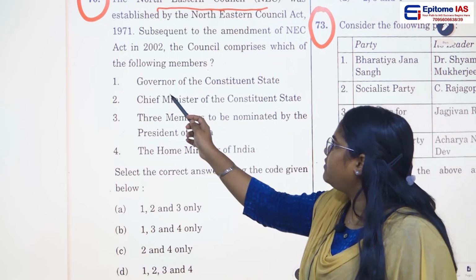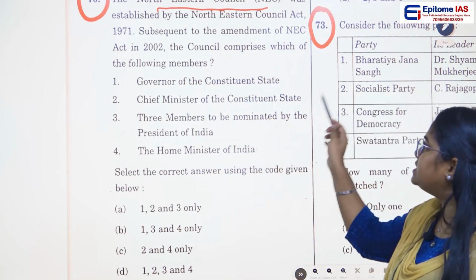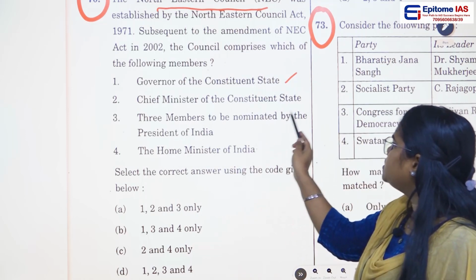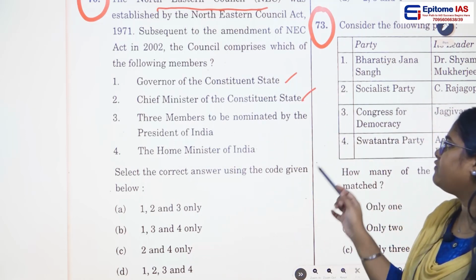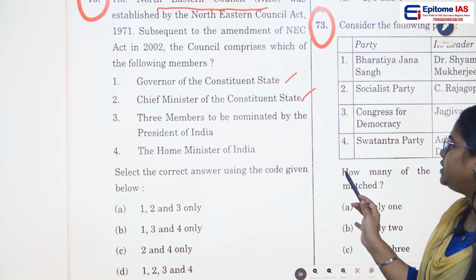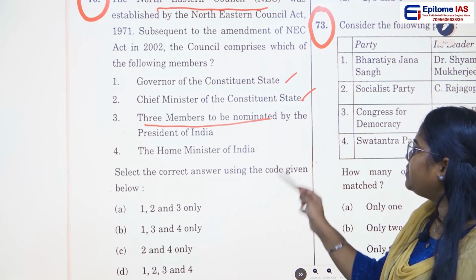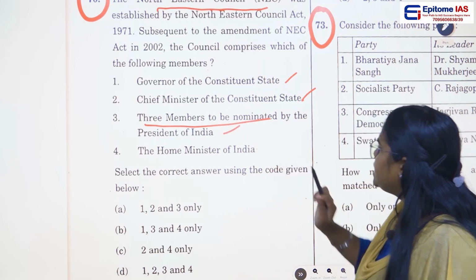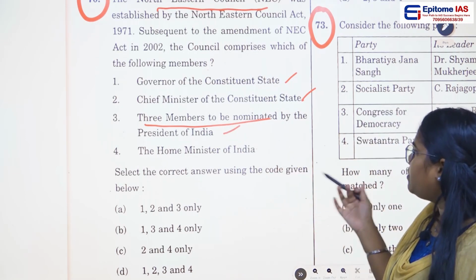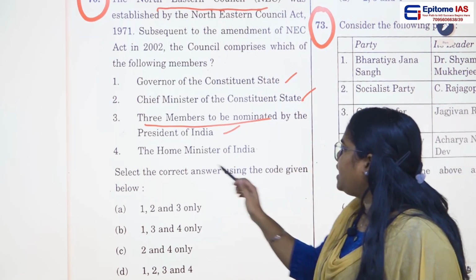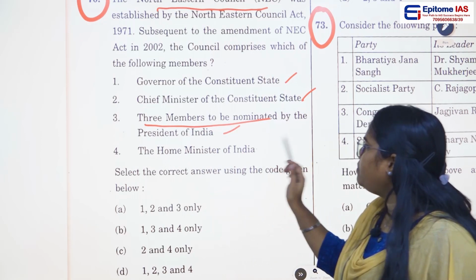Statement 1, Governor of the constituent state. Yes, the governors are included. Chief Minister of the constituent state. Yes, the chief ministers of those states are also included. Then 3 members to be nominated by the President of India. Yes, this is also correct, 3 members to be nominated by the President of India to the council. And they have given the fourth statement as Home Minister of India.